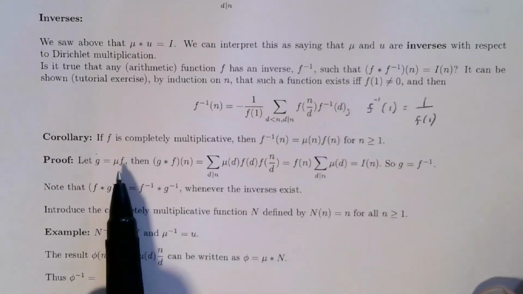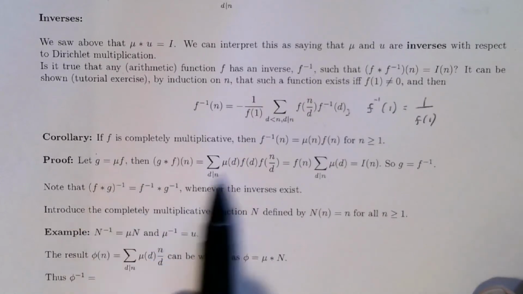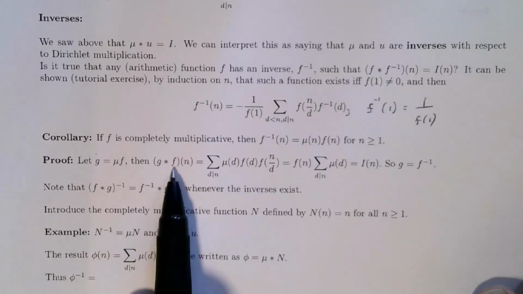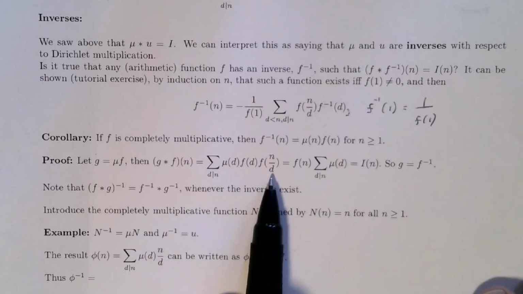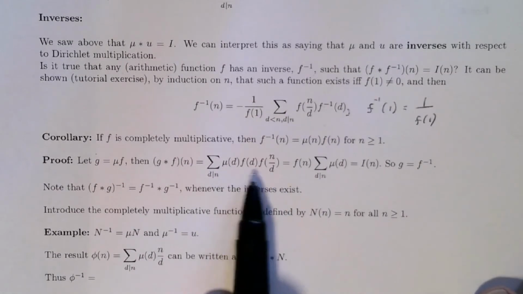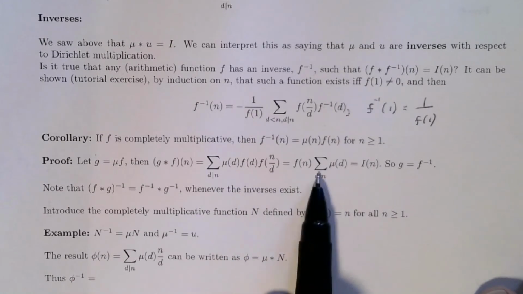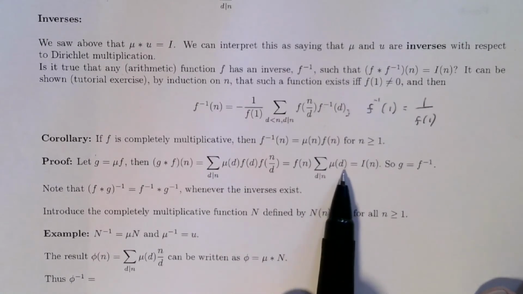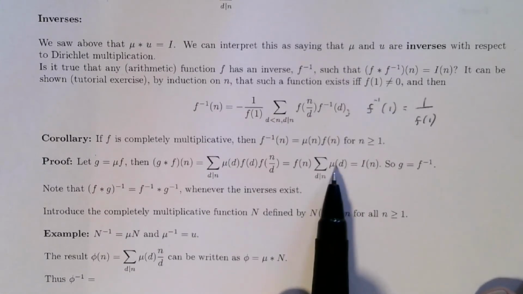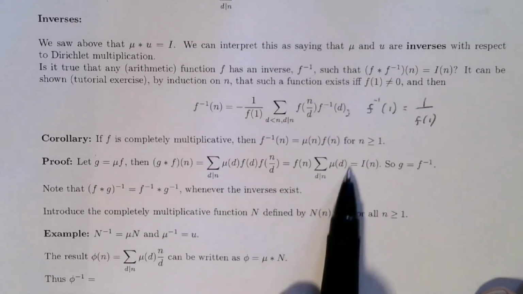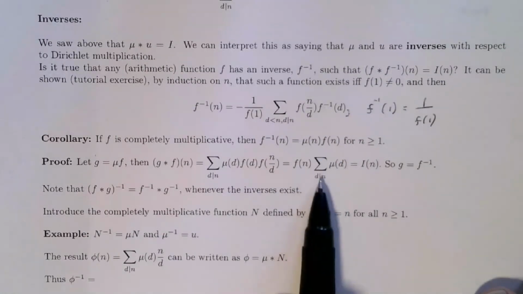So I take my g, which is this one here, and then I compose that with f, so I get f of the cofactor. And if it's completely multiplicative, then f(d) times f(n/d) is just f(n) times the sum over the divisors of μ(d). And of course, this thing here is 0 unless n is 1, in which case it's 1.